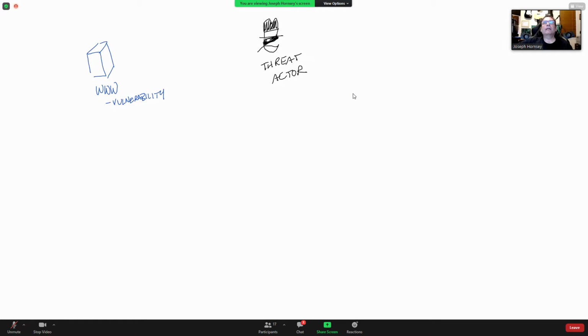And then whatever the tool or the path that the threat actor uses, this is the threat or attack vector. And my drawings just get worse from here, so fair warning.